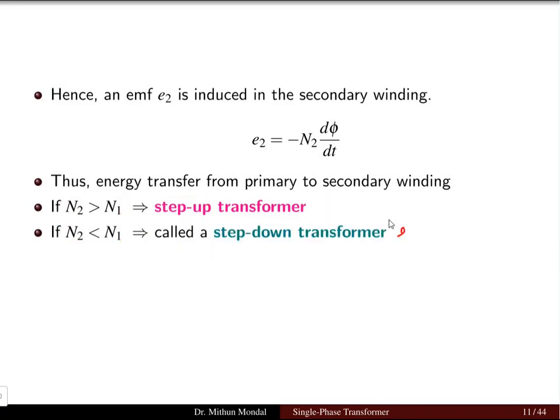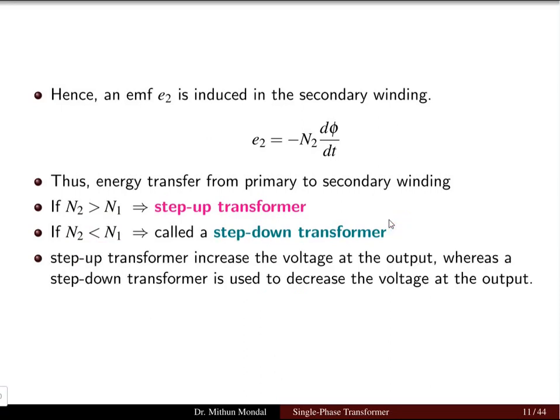Whereas in the second category, which is known as the step-down transformer, the secondary voltage is less than the primary voltage, it means we are decreasing the voltage. That is possible if the number of turns in the secondary winding is less than the number of turns in the primary winding. So a step-up transformer will increase the voltage, whereas a step-down transformer will decrease the voltage at the output. One will be increasing and the other will be decreasing. That will be the classification of step-up and step-down transformers.